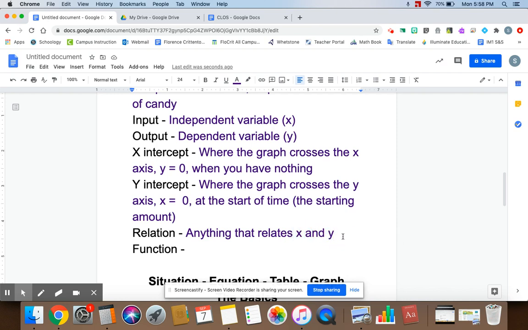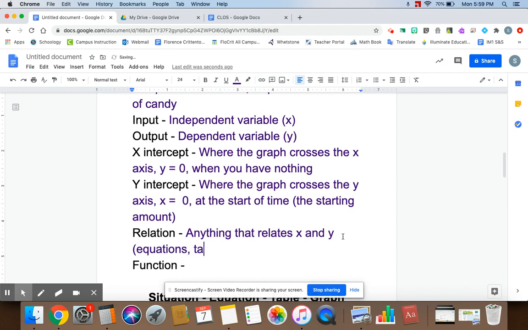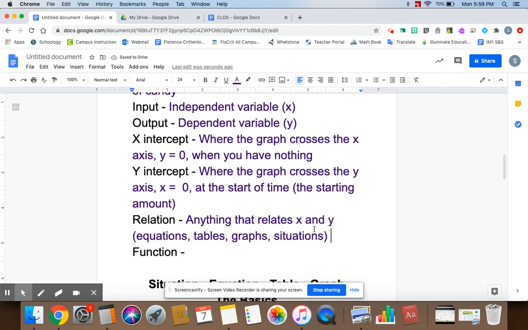So what in math do you know of that have x and y in it? So in math that have x and y, we have equations, tables, graphs, and situations. So those are the four ways we model math ever.